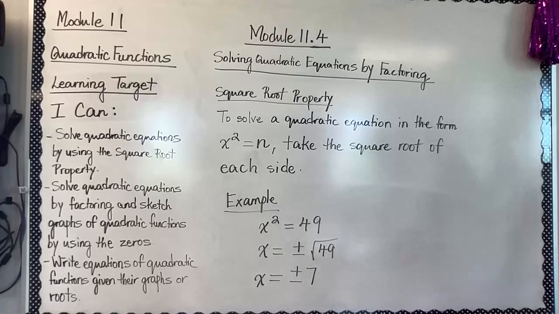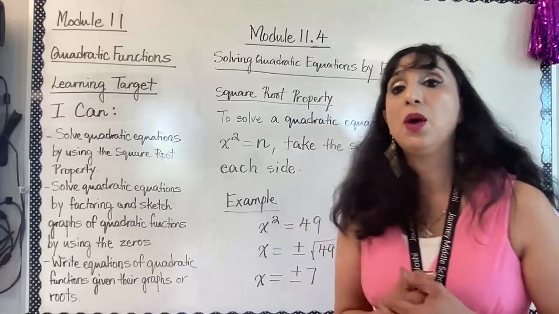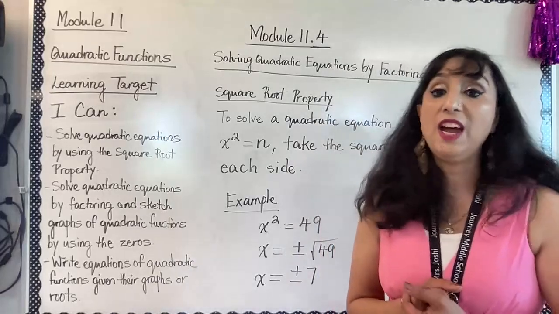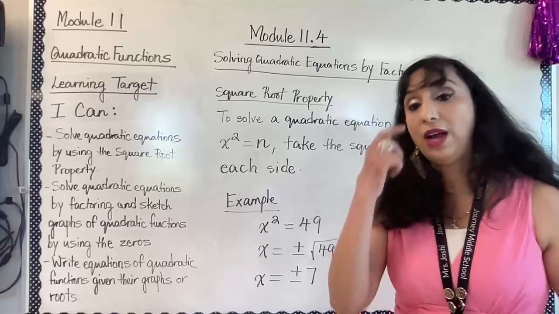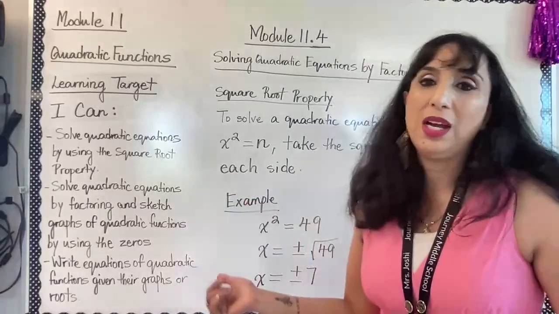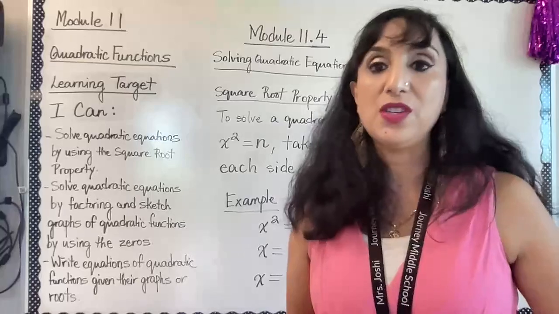You can use a calculator or estimation to find an approximation. We are just going to find an approximation today if we are not getting a perfect square. If we don't have a perfect square, that means we will not get an integer. So of course, we'll have a decimal value, which will be an approximation of the square root.